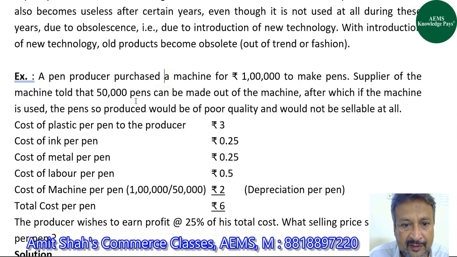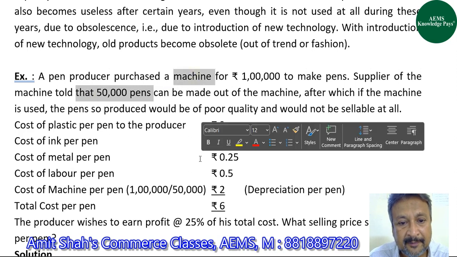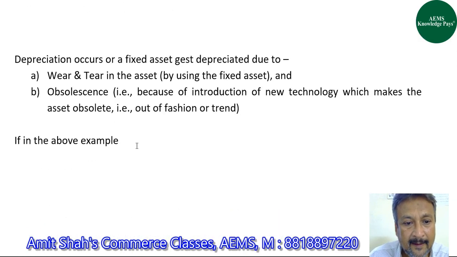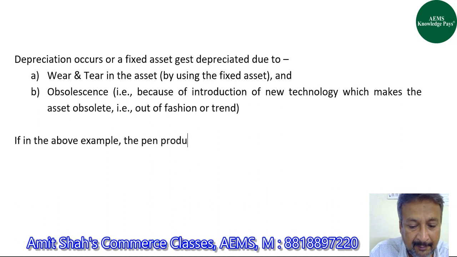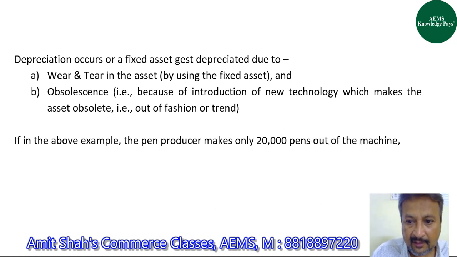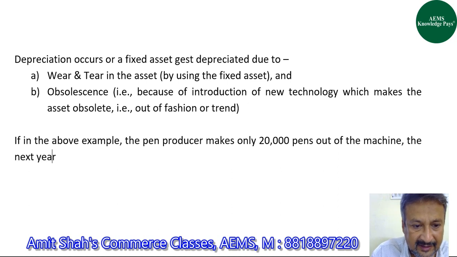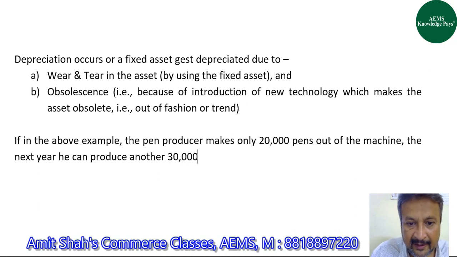Right? Now, suppose this producer makes only 20,000 pens in the first year of purchase of the machine. So in the above example, the pen producer makes only 20,000 pens out of the machine. The next year, he can produce another 30,000 pens to the max.